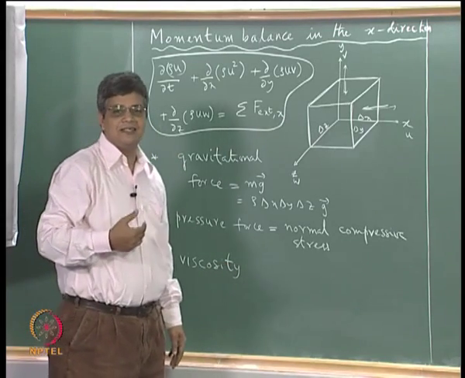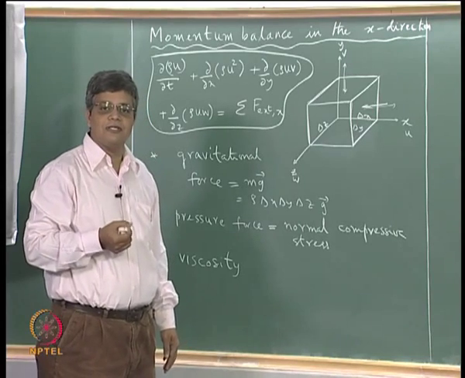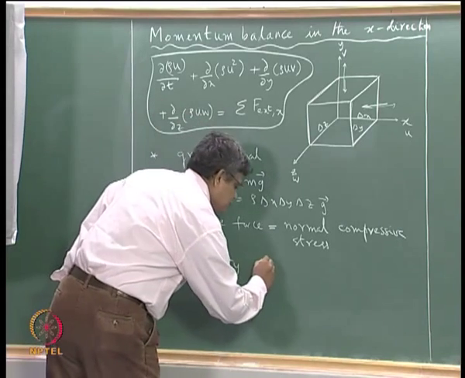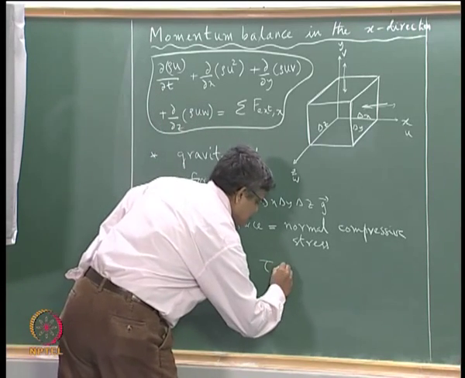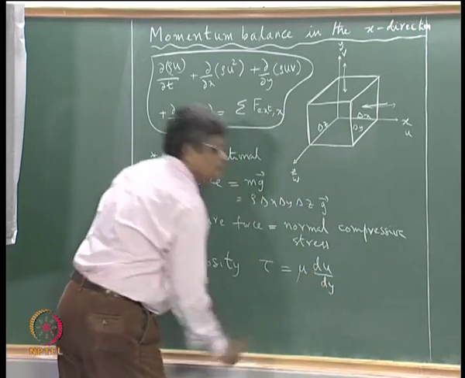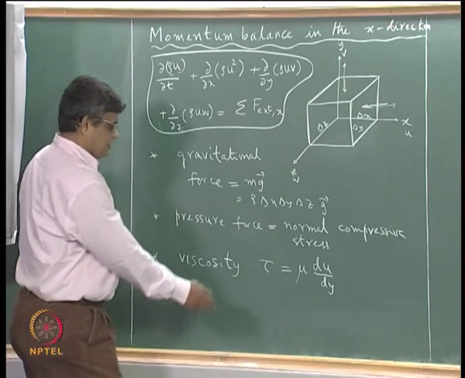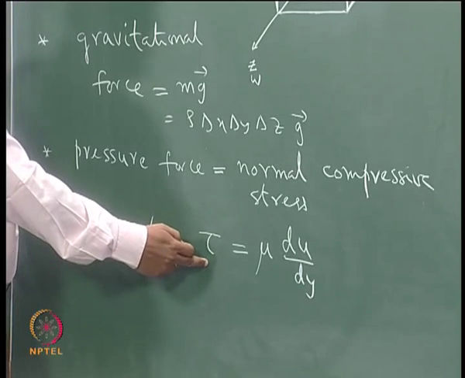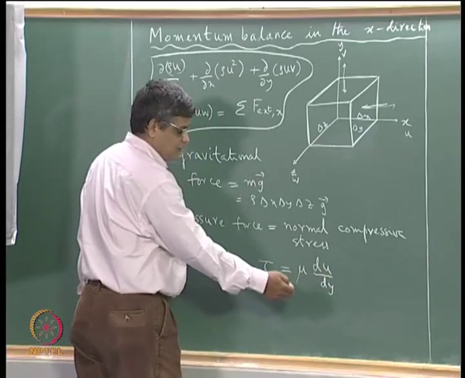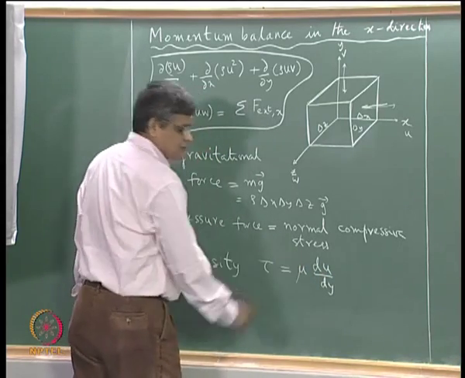We call it a flow resistance offered by the fluid to relative motion, and the simplest form is that the shear stress is equal to mu du by dy, which is what is considered Newton's law of viscosity, where this shear stress causes a gradient of velocity or a strain rate given by du by dy, and it is made proportional to this.